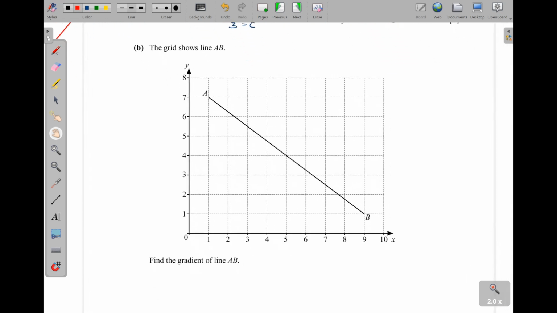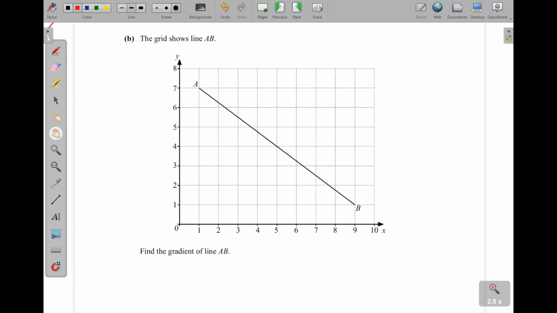Next, part B, they are saying the grid shows line AB. Then they want us to find the gradient of AB. So gradient of AB, there are two ways you can do that. We can connect this point A to B, here like this. So then we look at the change in y and the change in x. From 1 to 9, those are 8 units, okay?